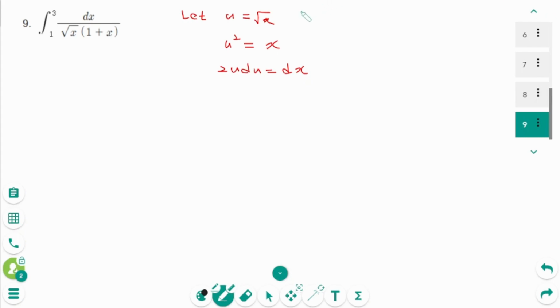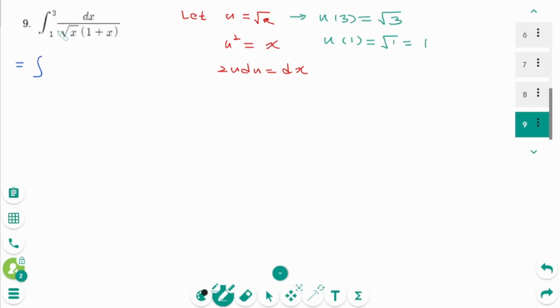When x equals 3, u of 3 equals the square root of 3. So the new upper limit is square root of 3. When x equals 1, then u of 1 equals the square root of 1, which is 1. So the lower limit is 1 now. Change all x to u.